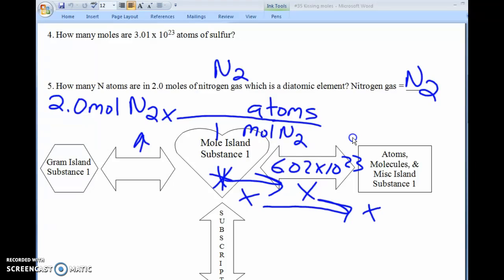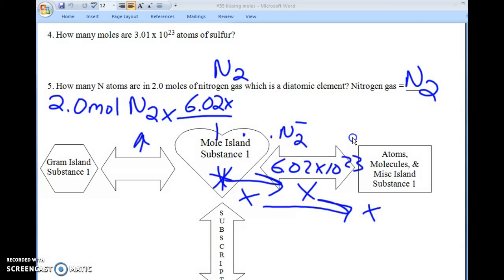Well, we go 1 mole, 6.02 times 10 to the 23rd, atoms of N2. Now that doesn't make any sense. So we're going to have to fix that a little bit, because N2 is not an atom. So let's erase a little bit, and let's change that atom into a molecule of N2.